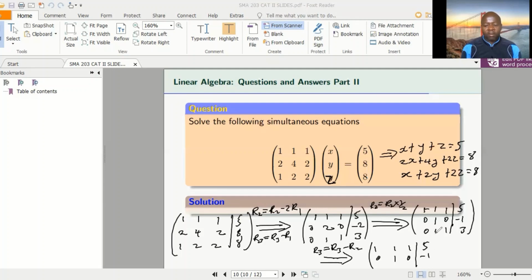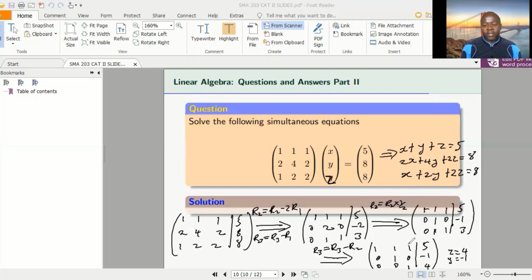Row 3 minus row 2: this is 1, so this will be 0, and so this will be 1, and so this will be 1. From here, I can see that z is 4. I can also see that y is negative 1, the way we had said.